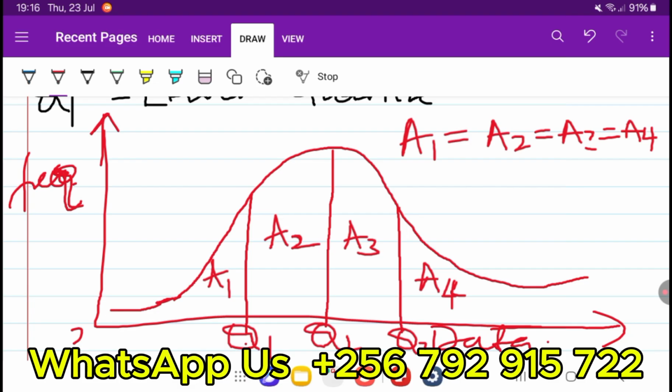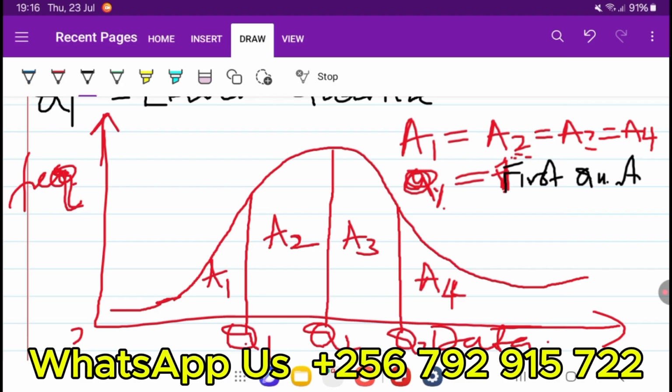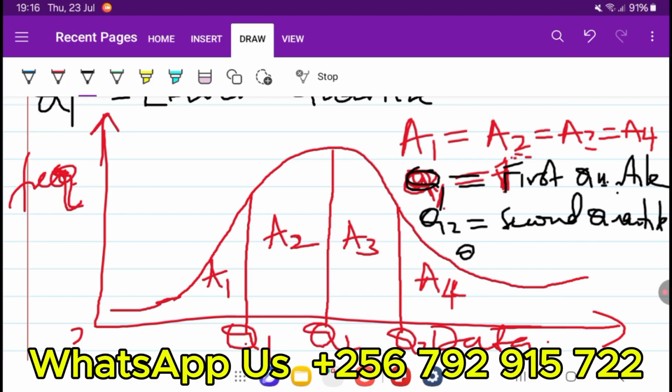Now the first one, which is the Q1, represents the first quartile. Then Q2 represents the second quartile, and then Q3 represents the third quartile.